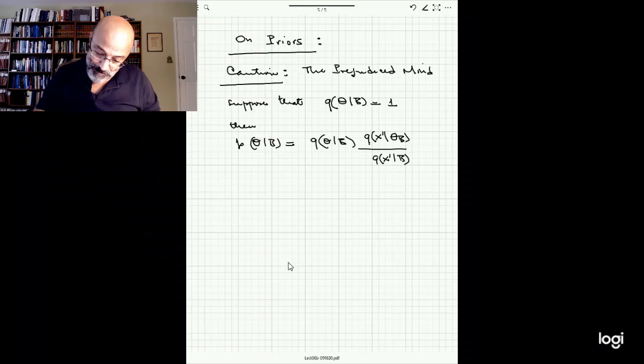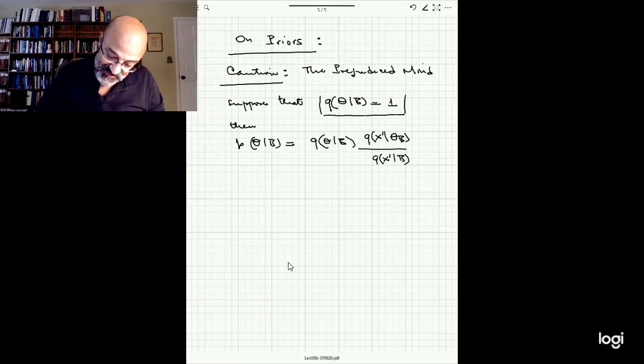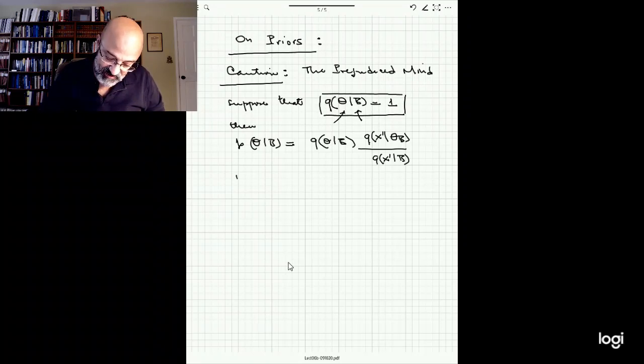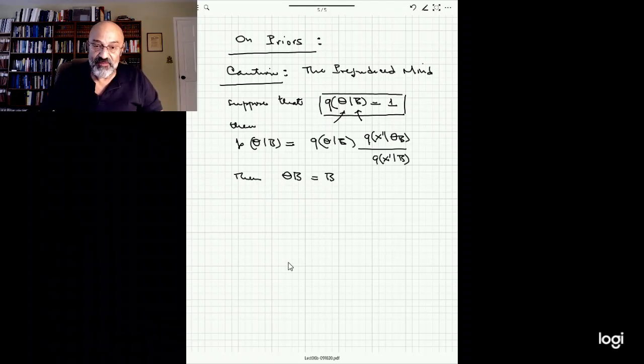Now, this is interesting because one of the things that this is telling you is that if given b, you are convinced of theta, then the truth of theta b is exactly the same as the truth of b.